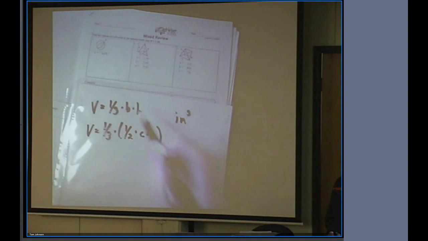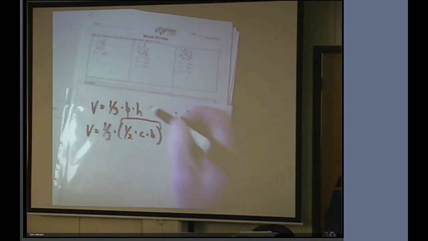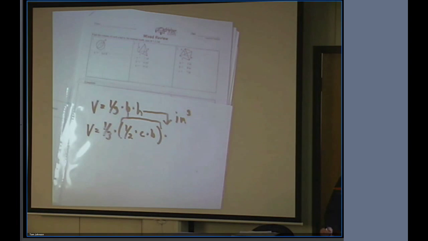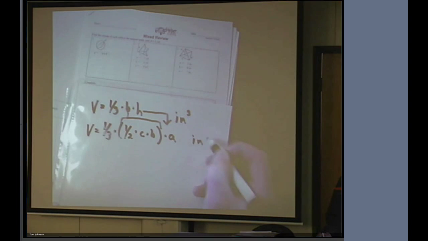Times the overall height. So I've taken this, that's the base of the pyramid. So now the height of the pyramid is what? What did we say the height was? 8. And again, that's inches cubed.